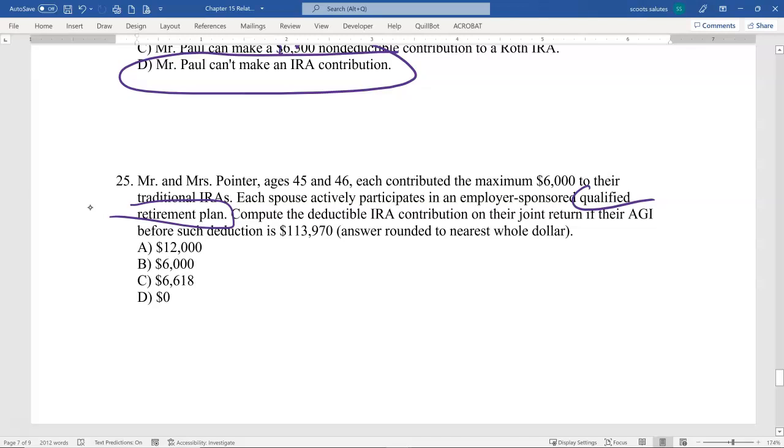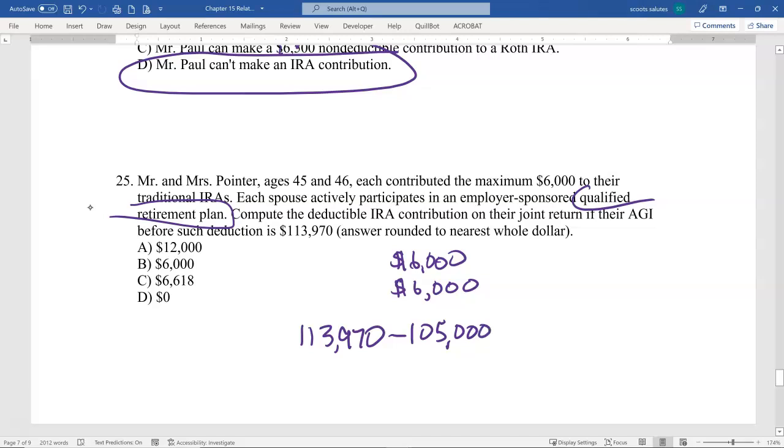They are able to participate and make their contributions, the $6,000 contributions each. Again, there's more in the text, but that's the key difference, a different type of plan. What they run into here is that we need to look at what their AGI is. The AGI is $113,970.